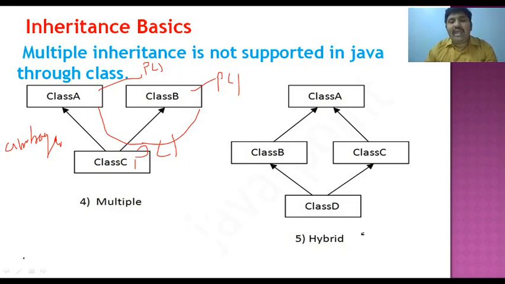Next one is hybrid inheritance. Hybrid inheritance is a combination of both hierarchical and multiple. So in this inheritance, a parent has two children.